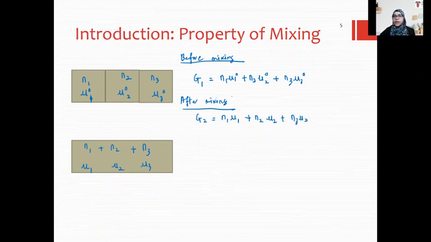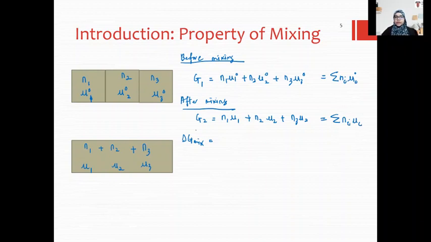So when we differentiate between after and before, we have delta G mixing equal to the summation of Ni mu i minus the summation of Ni mu i naught.